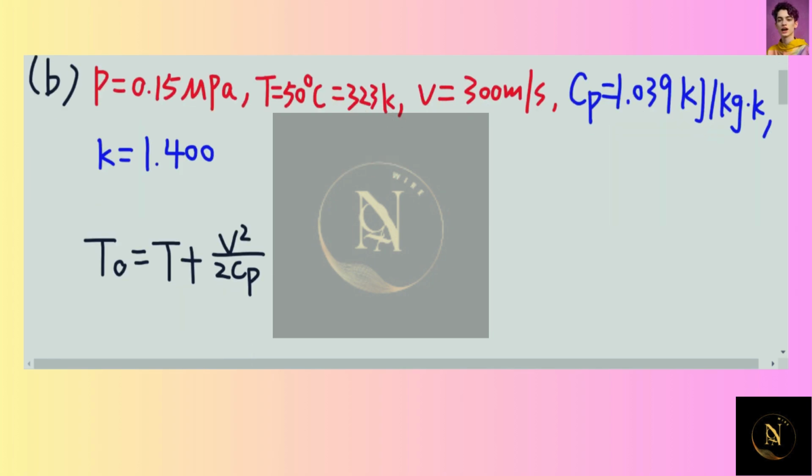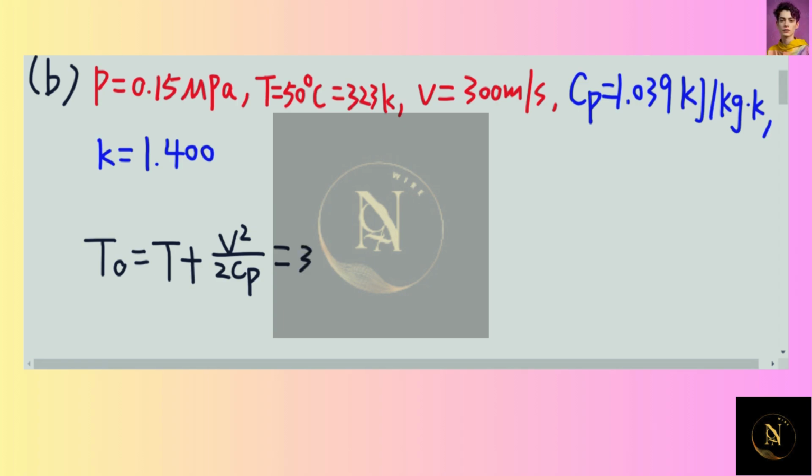So now let's plug back into the equation to determine the stagnation temperature, which is equal to 0.15 megapascal plus, I'm sorry, not megapascal. I made a mistake here. It's a temperature, my bad.